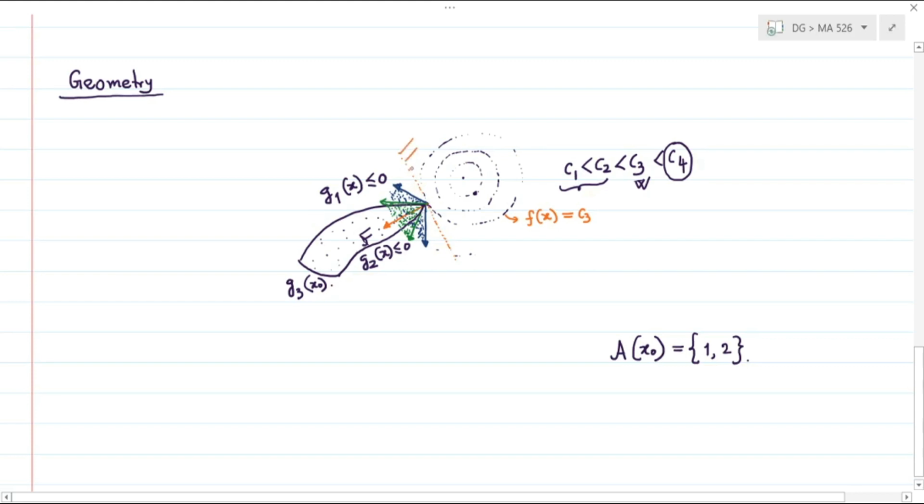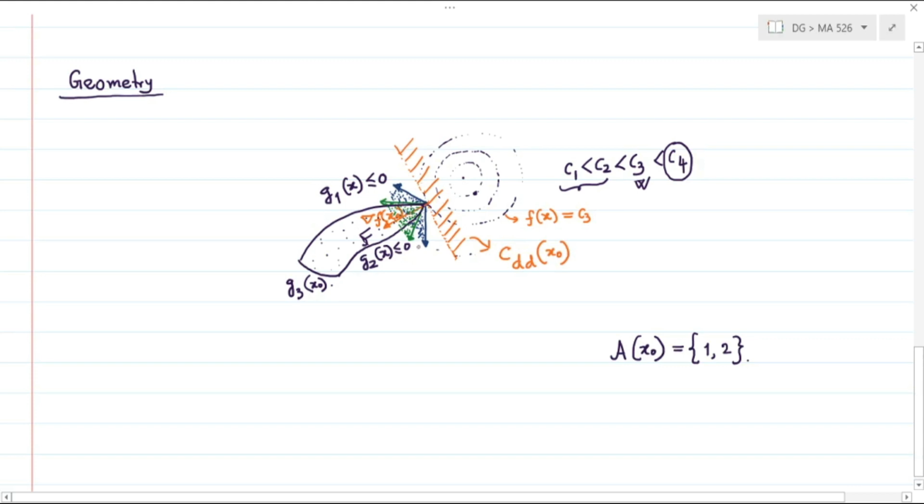So this region is your cone of descent directions, because only in this region you have any direction d that makes more than 90 degrees with the gradient of f at the point x0. Fine. This is your cone of descent directions at x0, this orange shaded region, and this orange arrow is your grad f(x0).